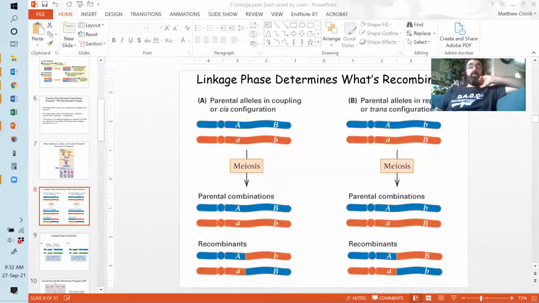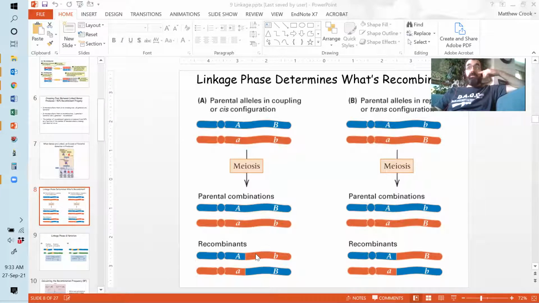Right, and the reason why this matters so much is because that will inform what the parental combinations are going to be, so essentially what you're looking for in the outcome of the cross. So if those two genes are in cis linkage, then the parentals are going to be dominant-dominant and recessive-recessive.